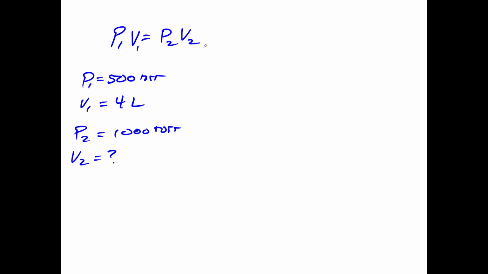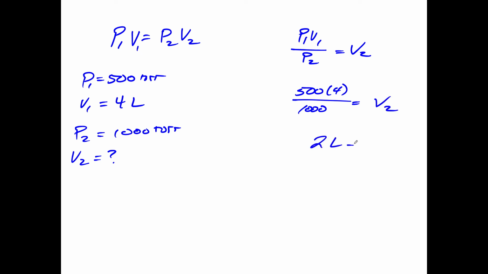Come to this equation, take away P1 V1, divide both sides by P2, that will give me V2. So 500 times 4 divided by 1,000 should give me V2, which should be 2 liters. And that's the answer.